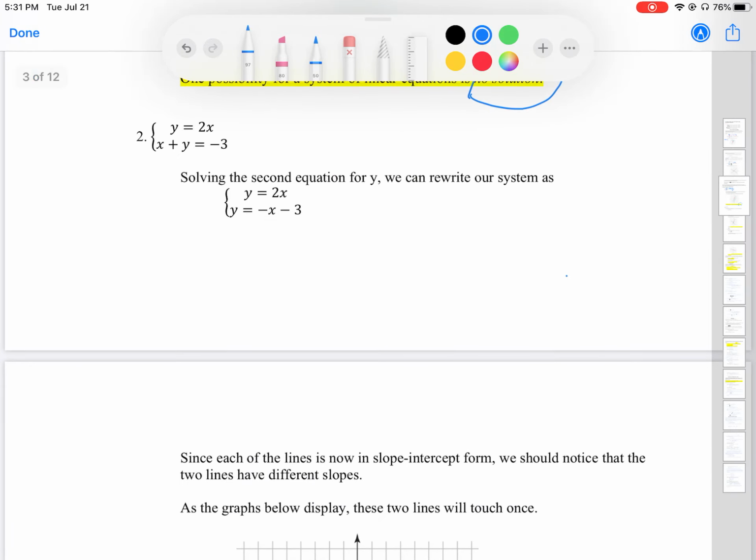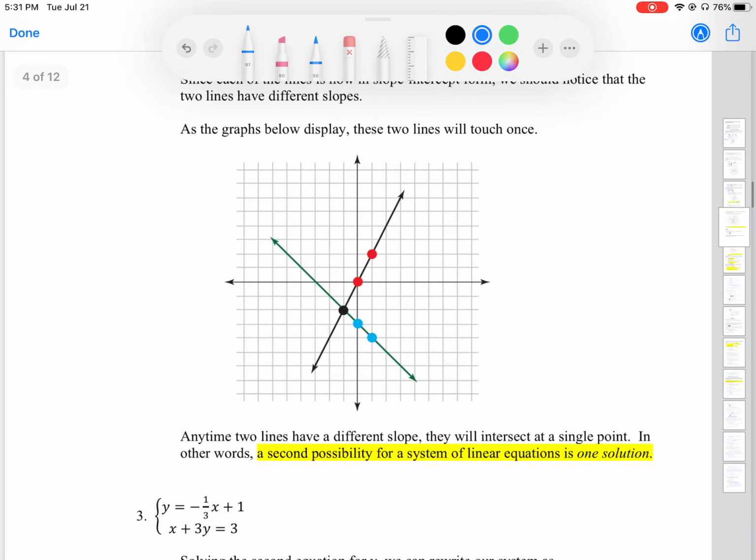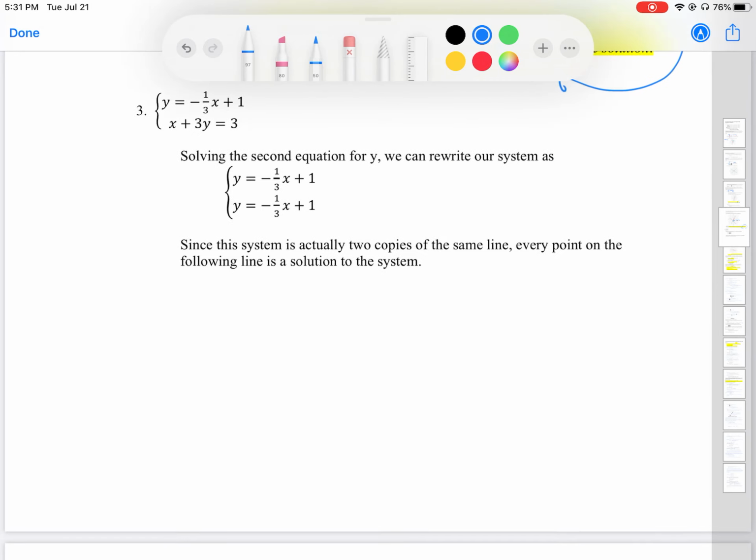Or we can have two different lines and have them meet at a special point. Two lines will only be able to meet at one point. So we have one solution. Our other option is if we have two graphs and, strangely enough, our two equations look similar.